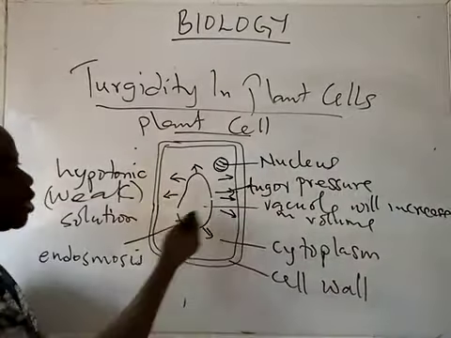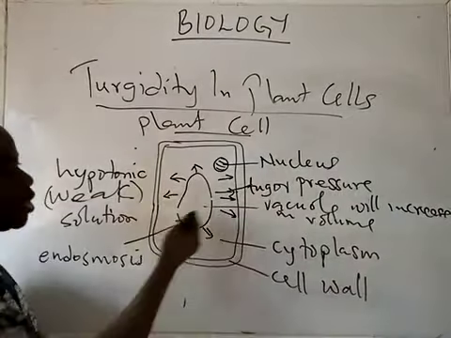Now, in this case, since the cell wall cannot break, the pressure will mount up, and that pressure is actually what is called turgidity. And this turgidity has an advantage, especially in plant cells, because if endosmosis occurs in plant cells, it leads to the development of turgor pressure, which strengthens the plant, because this pressure creates strength for the wall of the plant cell.